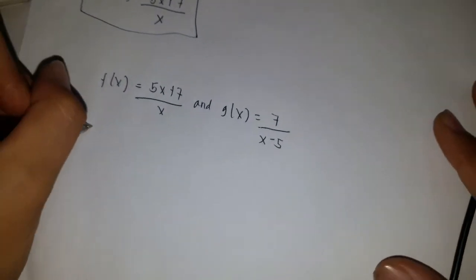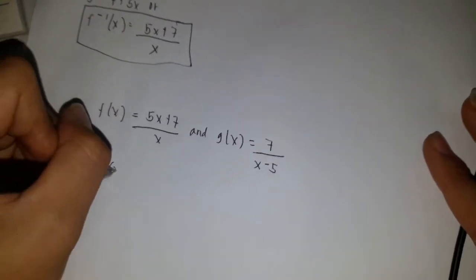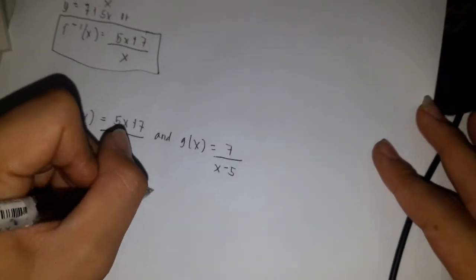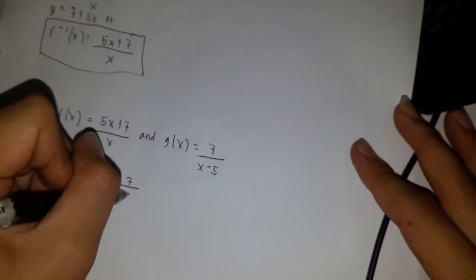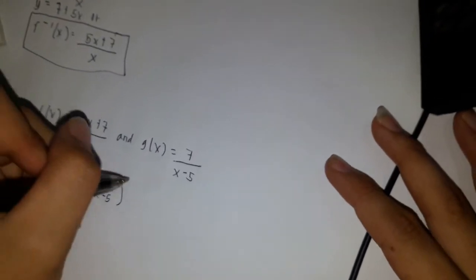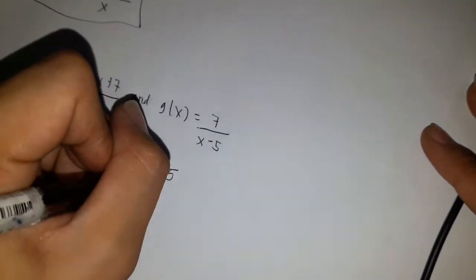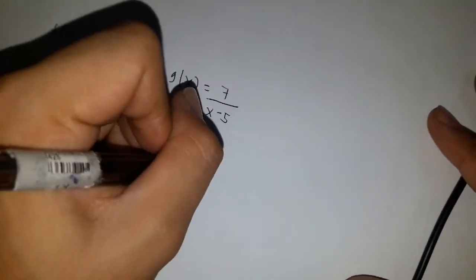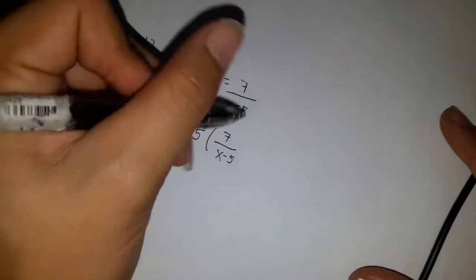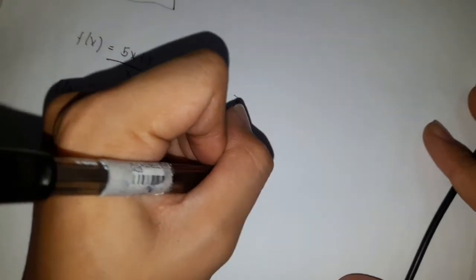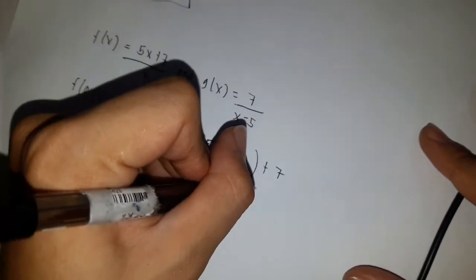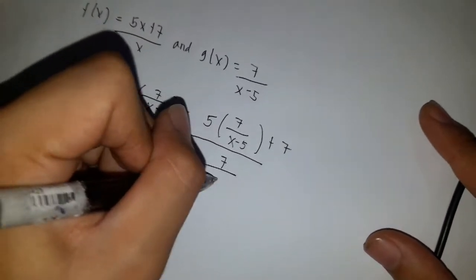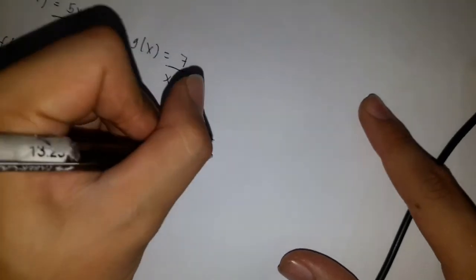So it's like this: 5 times g of x, which is 7 over x minus 5, plus 7, over 7 over x minus 5.